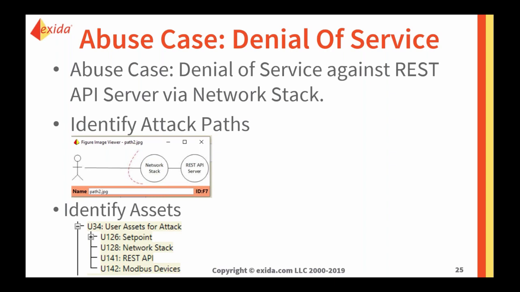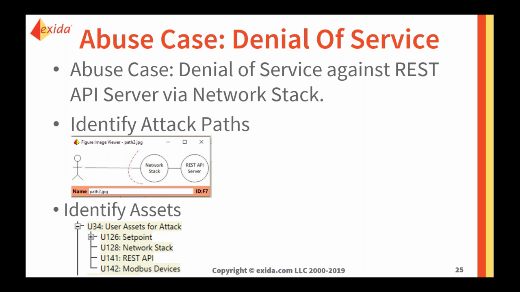We use our identified assets already and find out, yeah, we've already considered at some point the network stack and the REST API. So we haven't discovered any new assets, but we're now considering a denial of service, taking the browser out and adding in a particular threat agent that is actively attacking our network.